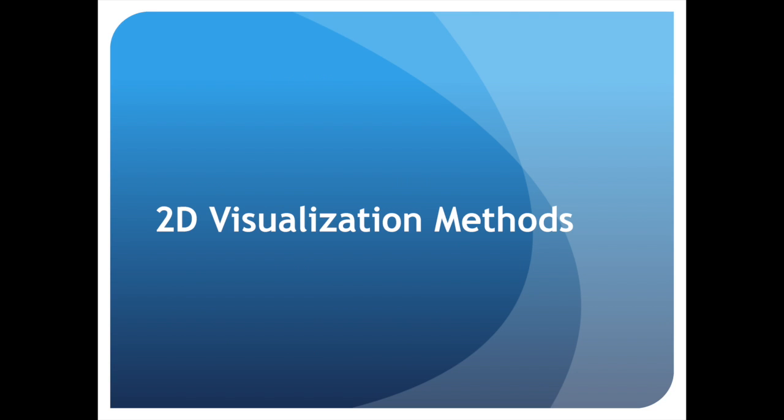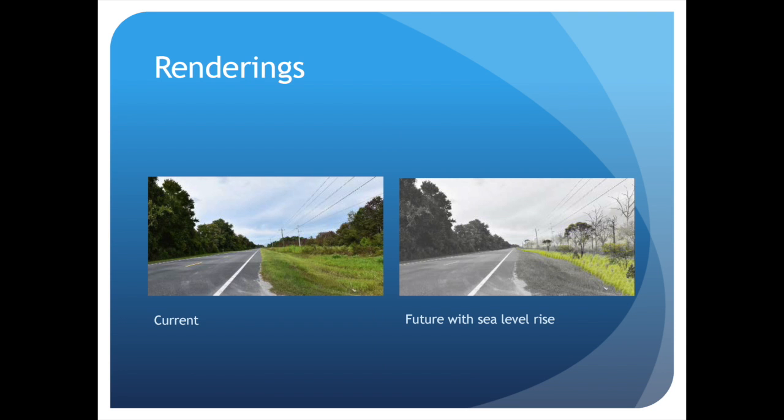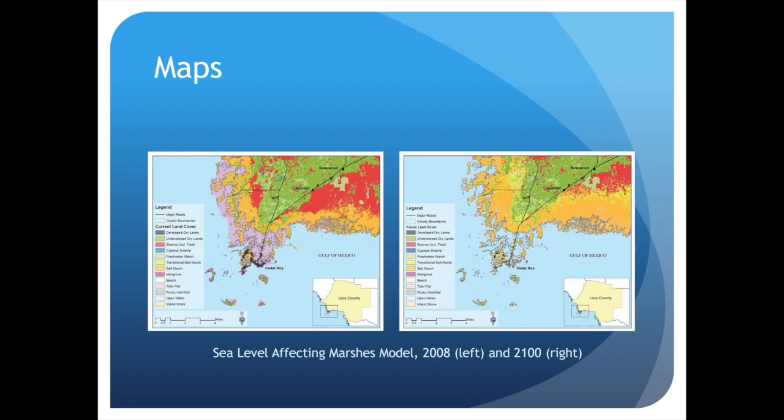So we started with the traditional 2D method. Here you have simply pictures, no storm on the left, and then an actual storm on the right. And then renderings, where you basically take a picture and then Photoshop it to show the impacts based on future sea level rise.